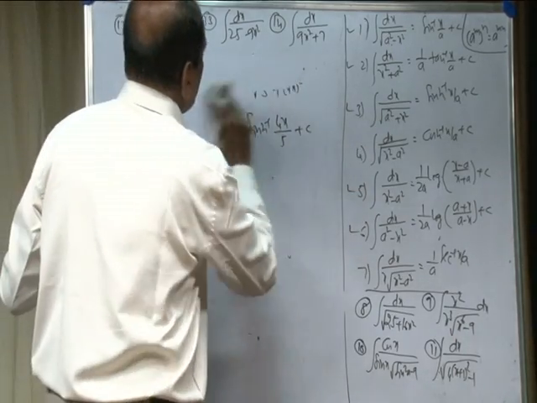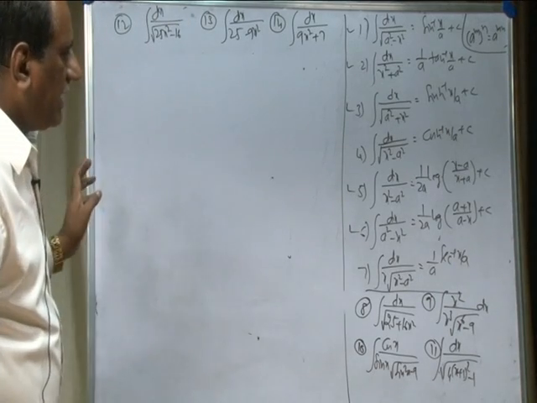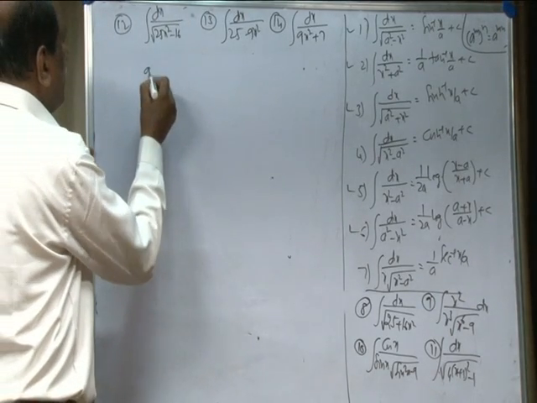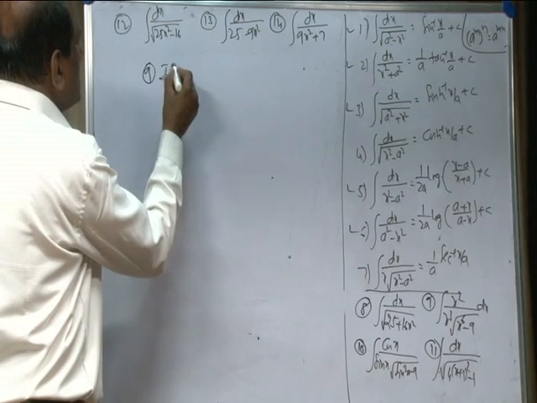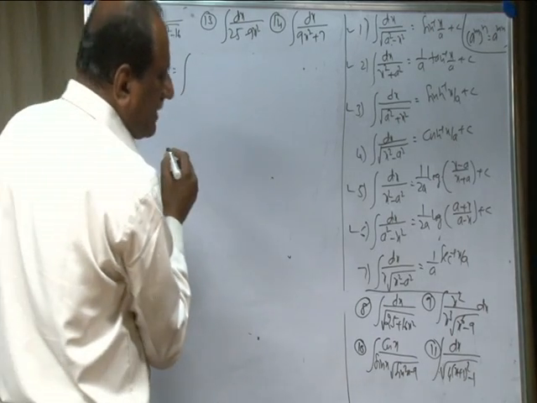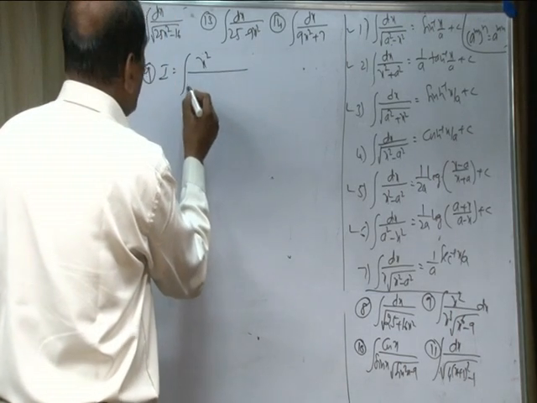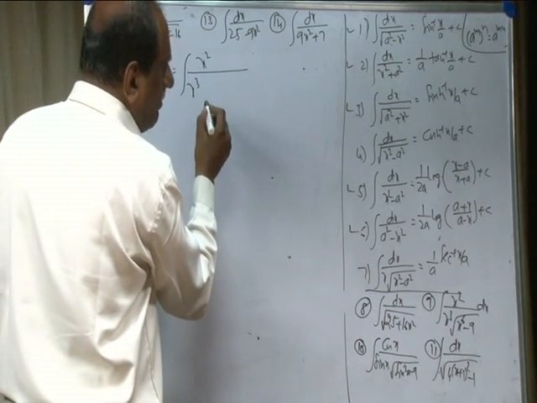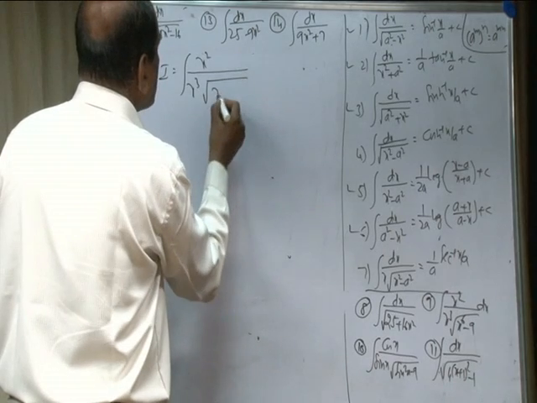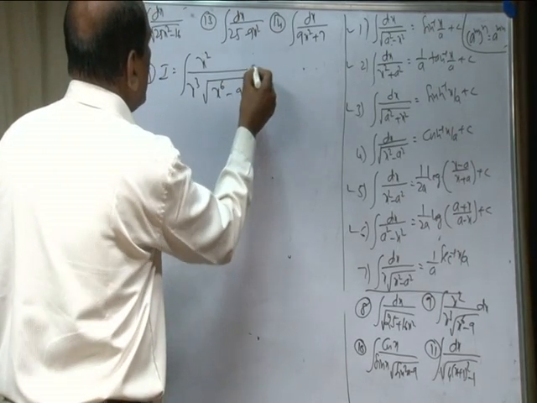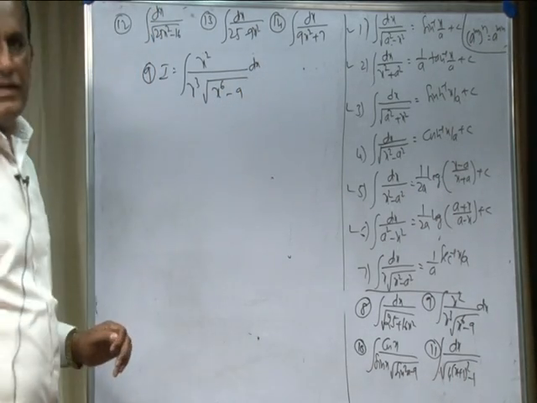Now, problem number 9: I is equal to integration of x squared divided by x cubed root of x power 6 minus 9, variable of integration dx.